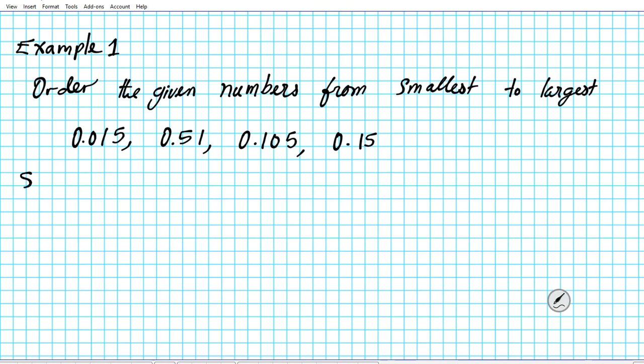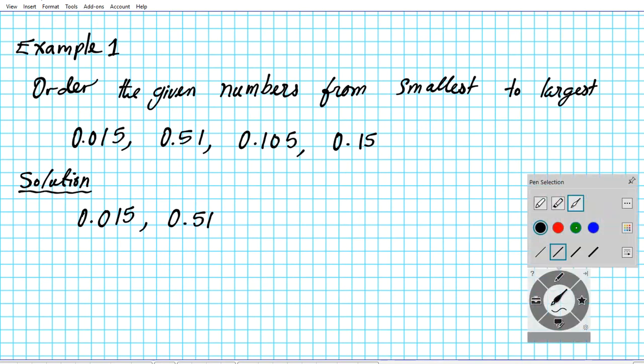Now, if you take a look at the numbers that we are provided with, you notice that some of them have 3 digits to the right of the decimal, and some have 2 digits to the right of the decimal. So what I'll do is make sure I have the same number of digits to the right of the decimal. So we have 0.015, that's 3 digits, and then 0.51, and then I'm going to put a placeholder here, 0.